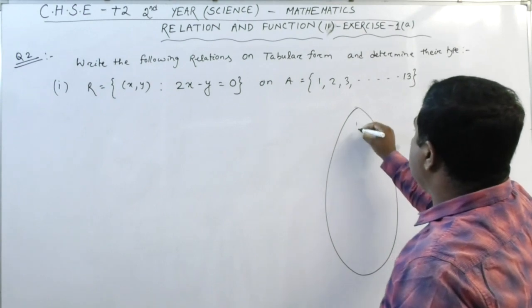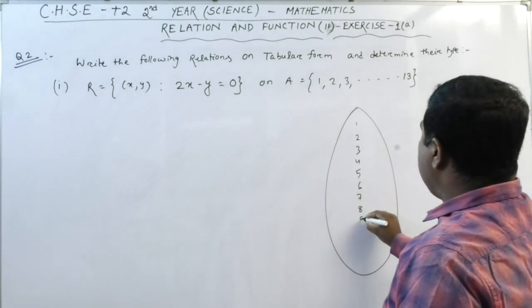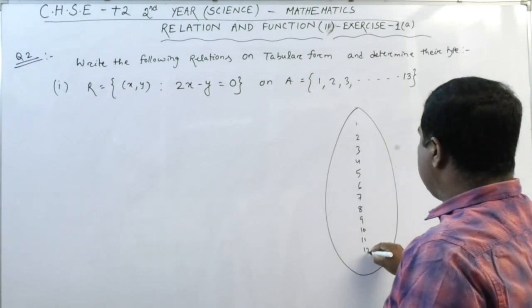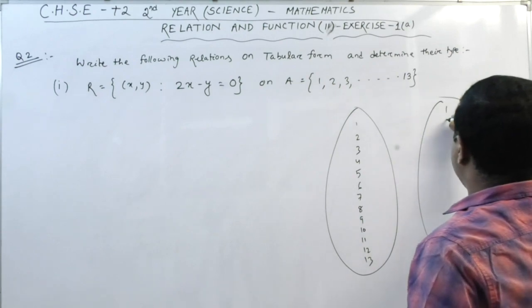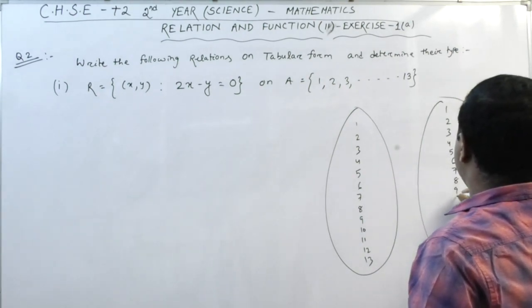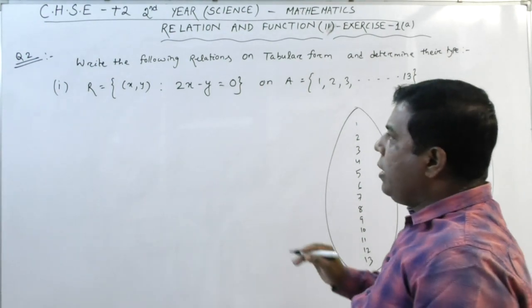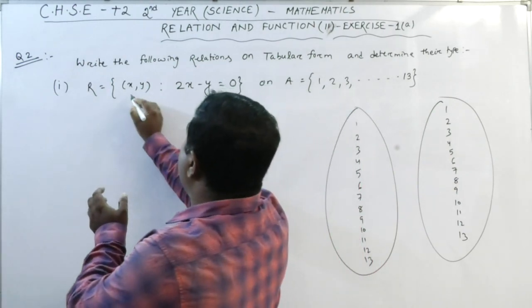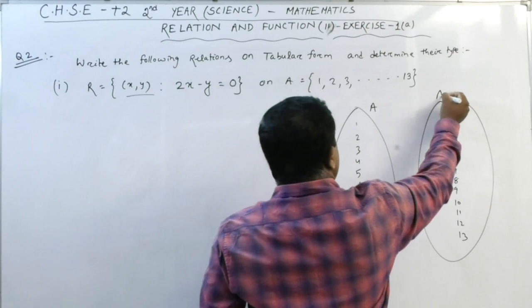It has elements 1, 2, 3, 4, 5, 6, 7, 8, 9, 10, 11, 12 and 13. Now it has to connect with the same elements again, 1 to 13. Now you have to connect the elements between x and y, where both belong to A.